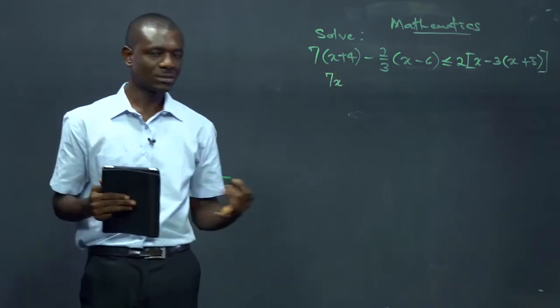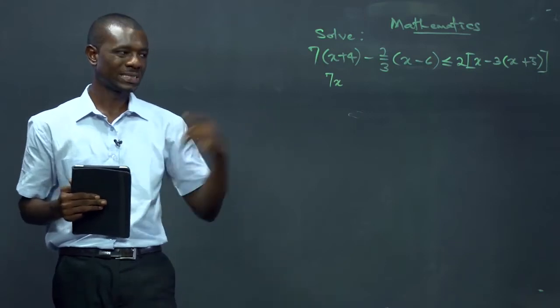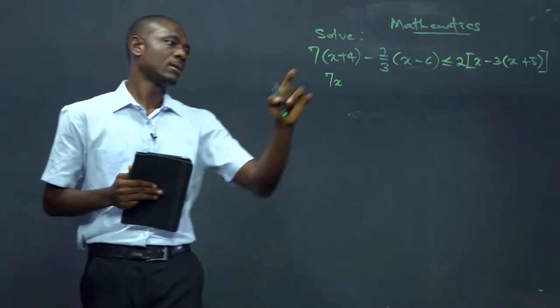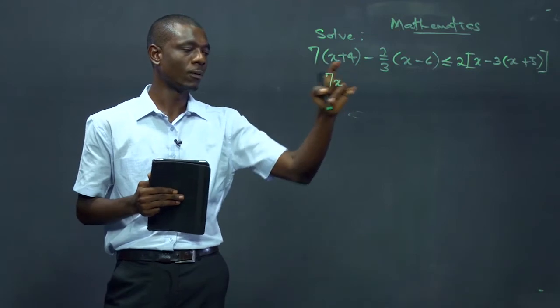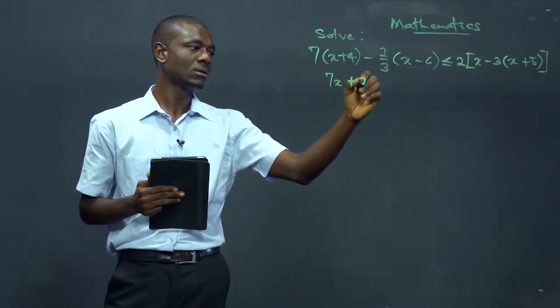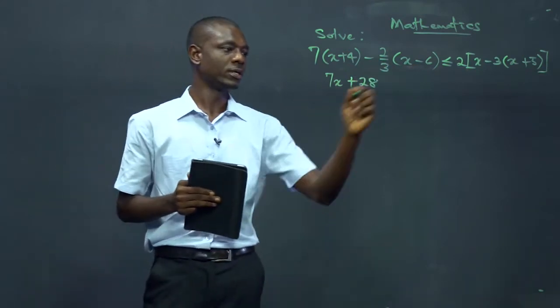In fact, 7 times x is 7x. 7x means x in 7 places. 7 times x. We proceed again. Plus 7 times plus 4. That's plus 28. Plus 28. We do the same thing here.